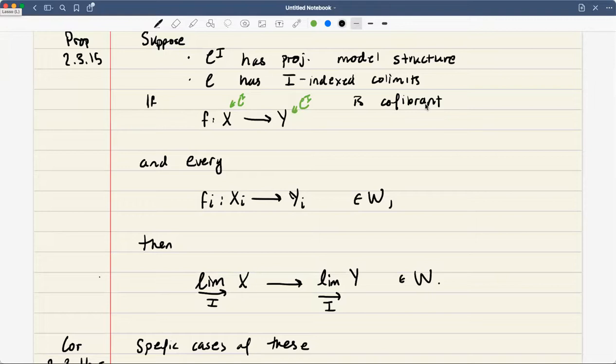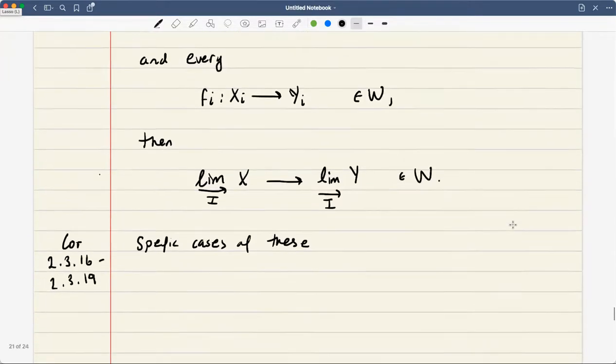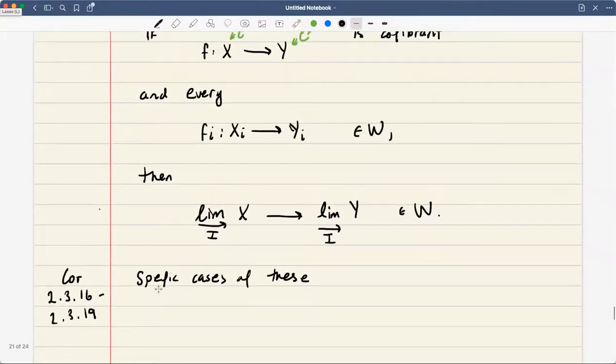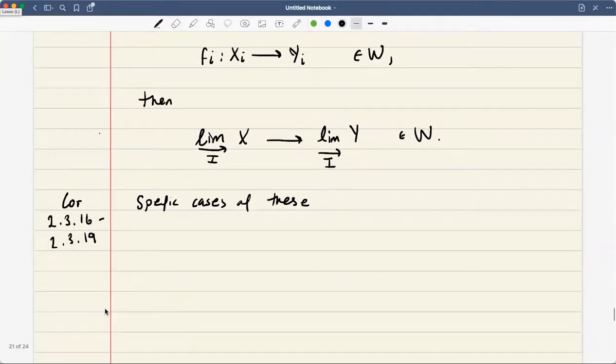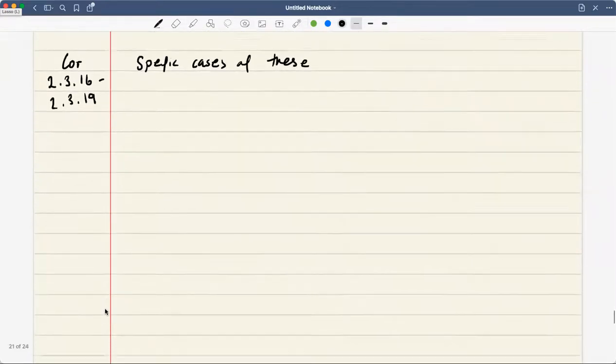So this is saying that two objects, the I-index colimits, are weakly equivalent when these conditions are true. This had a lot of specific cases, and these are the corollaries in the book that I didn't write down specifically.